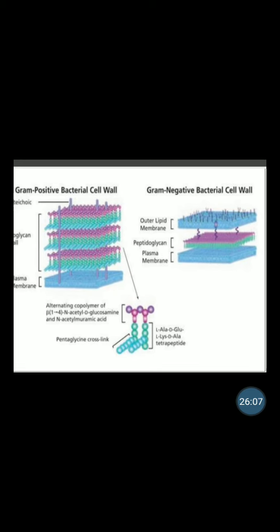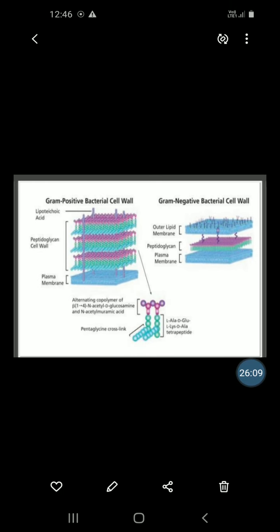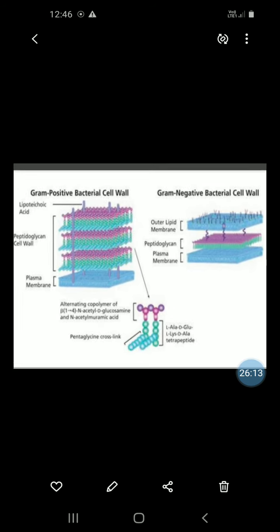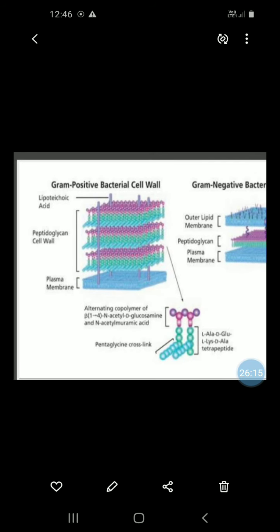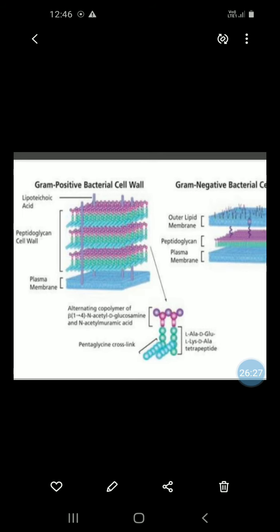Here we can see the structure of the cell wall of gram-positive bacteria and the cell wall of gram-negative bacteria. The cell wall of gram-positive bacteria shows presence of lipoteichoic acid, peptidoglycan, and plasma membrane.